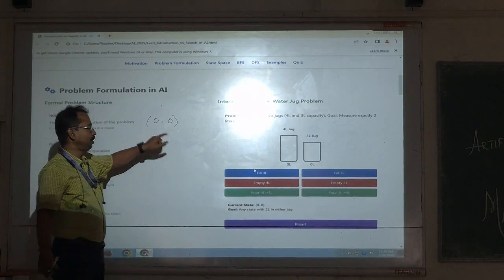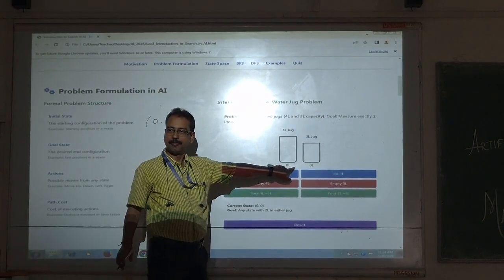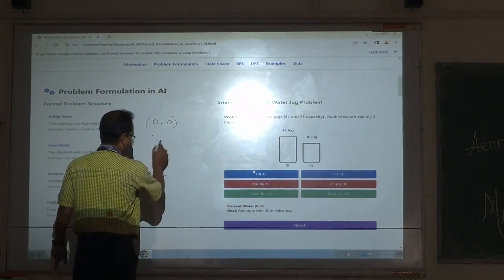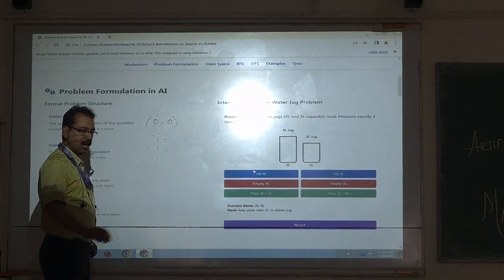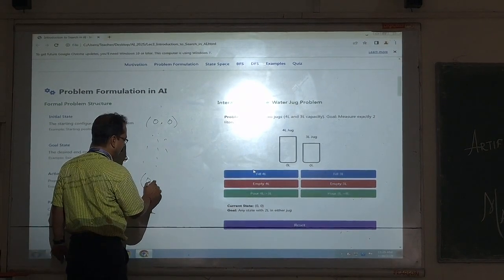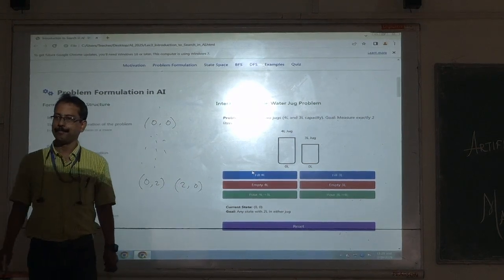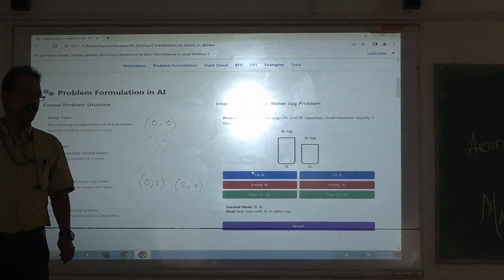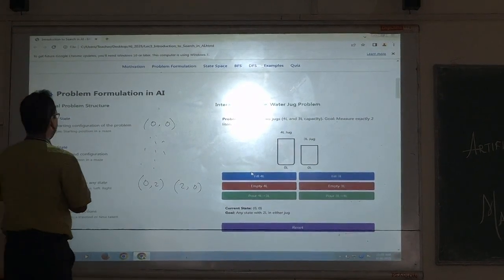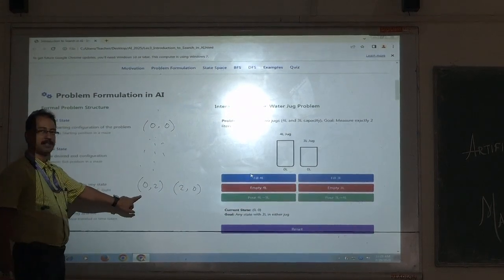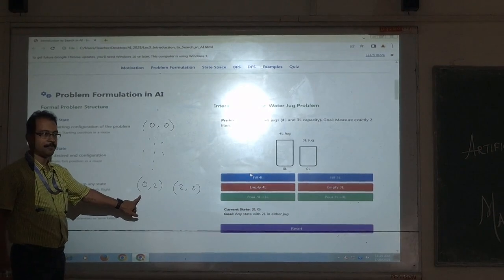So initially 0 0 means both jugs are empty. Now you perform different actions as you wish, one after another, and your goal will be either 0 2 or 2 0.